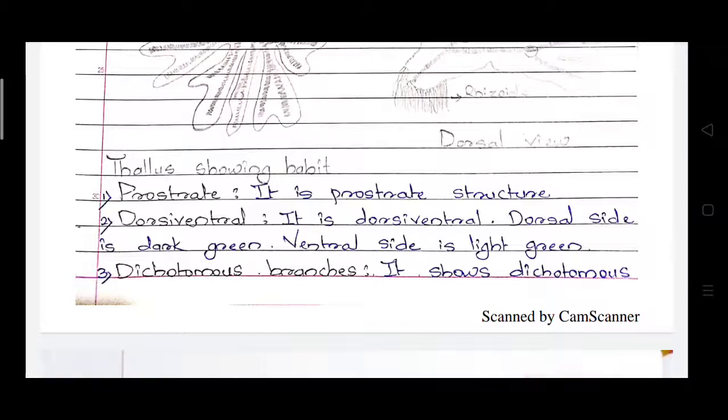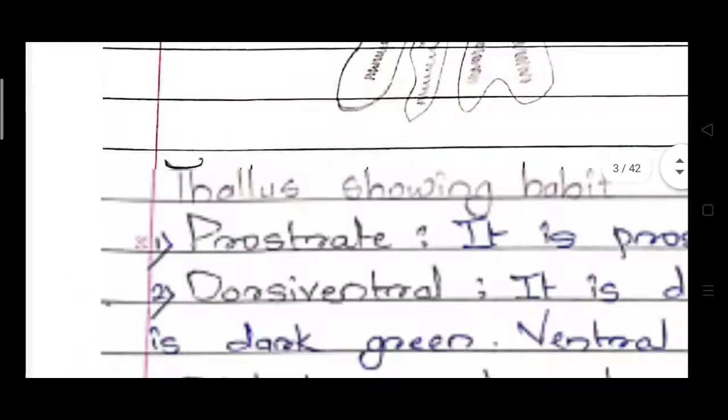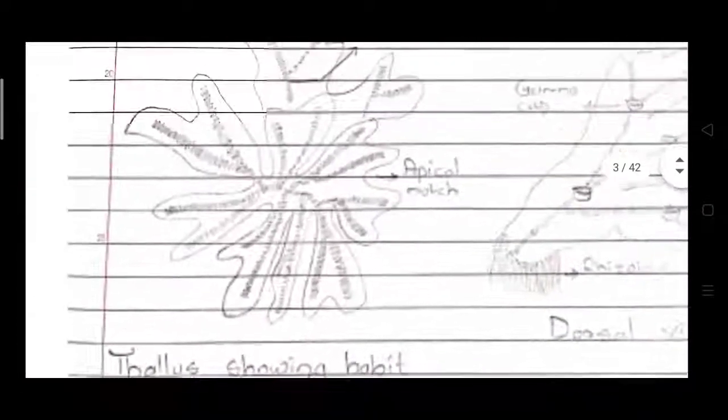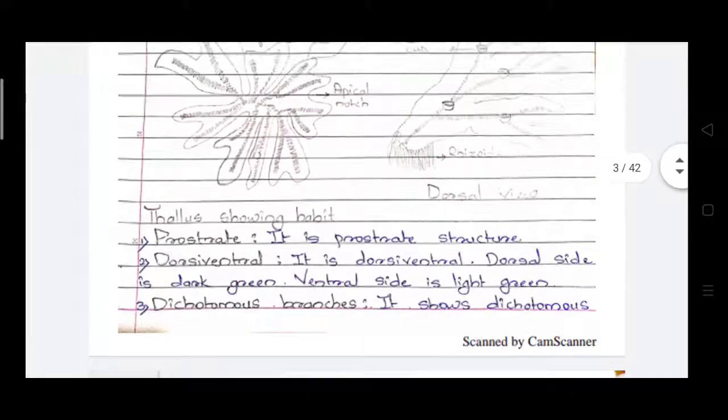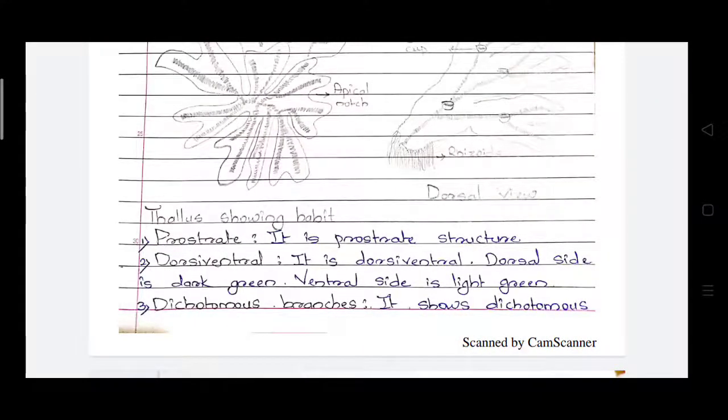So let's discuss the thallus structure of Marchantia. This structure is prostrate. And Marchantia is dorsiventral. That means there are two surfaces, dorsal as well as ventral. At the dorsal side it is green in color, and the ventral side is light green.